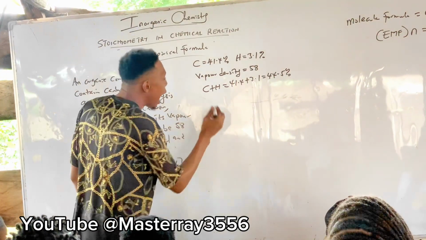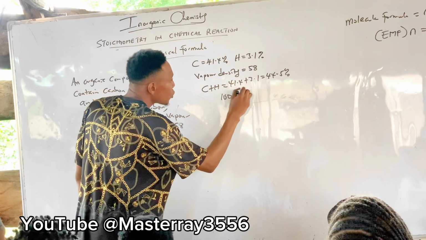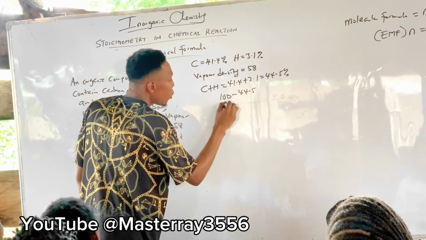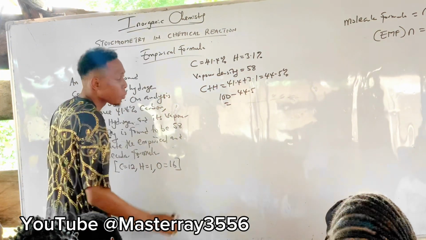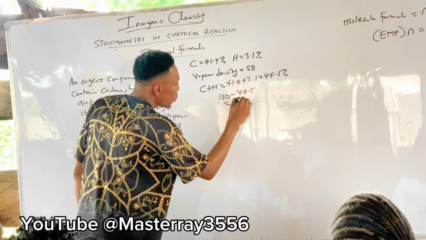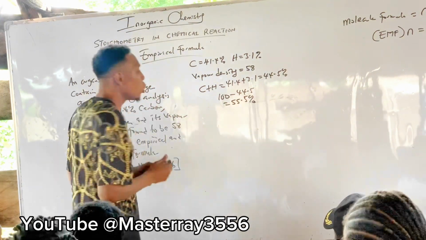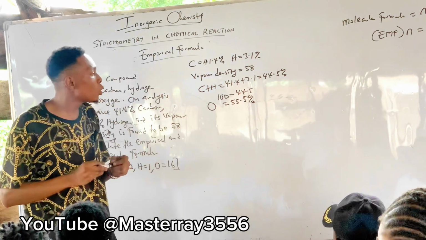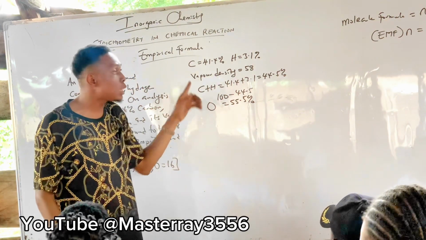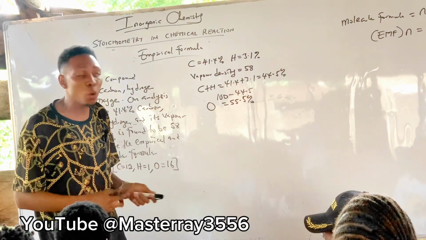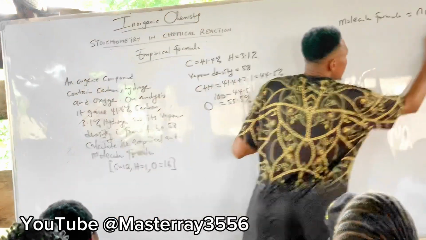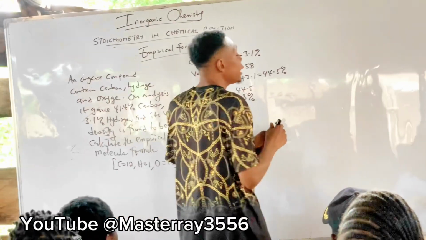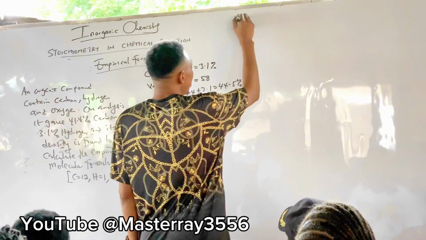So this time I will have 100 minus 44.5, which is 55.5%. That is our oxygen. So now that you have carbon, hydrogen, and oxygen, you can calculate the empirical formula. All right, so from here, this is how to go about it. We have elements.